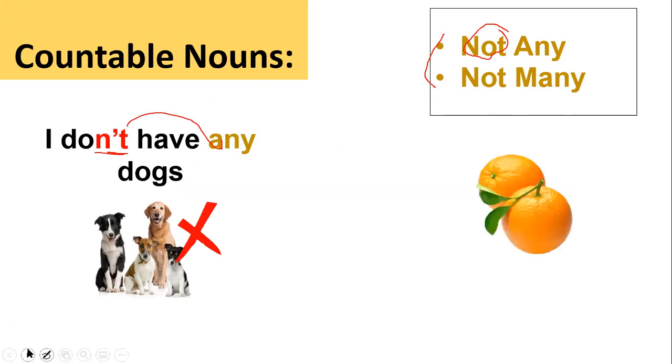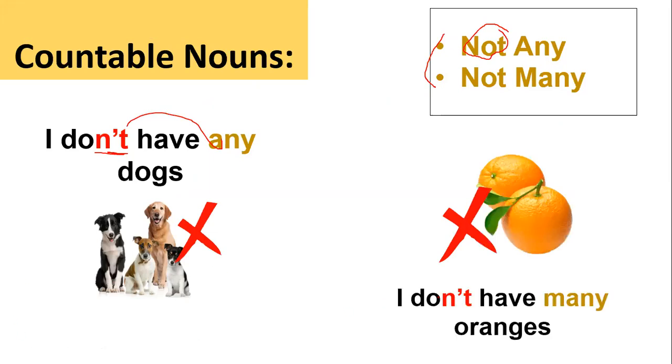The same with not many. I don't have many oranges. In here, this one is 0, and this one is that the quantity is very little.